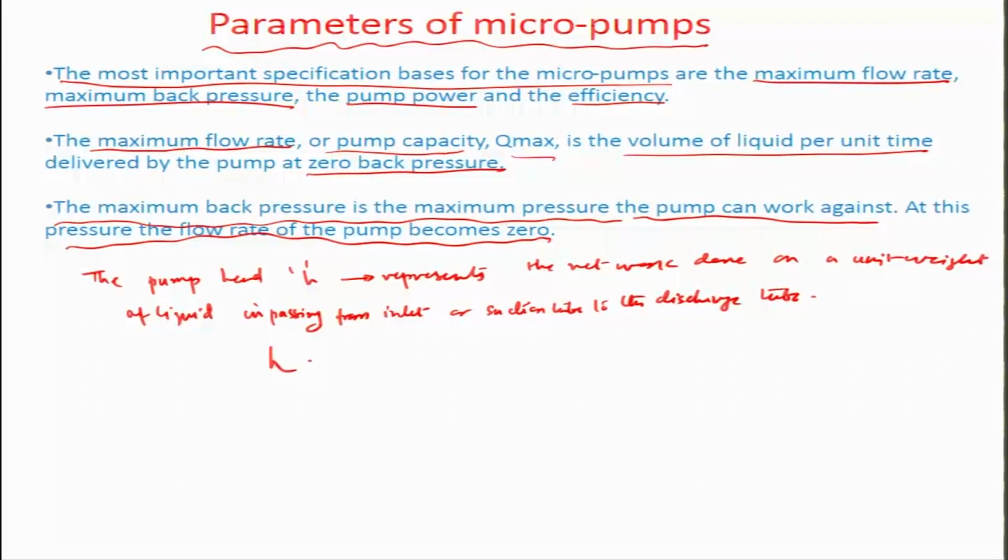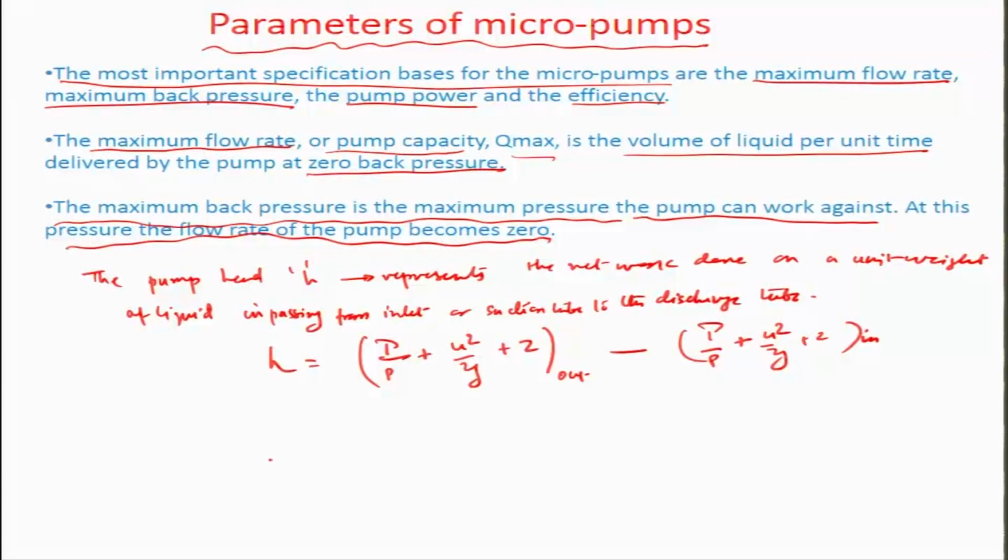So, let us say if P were the outlet pressure, so this can be represented as P by rho plus U square by 2G plus Z, the potential energy at the outlet, minus a similar aspect at the inlet.